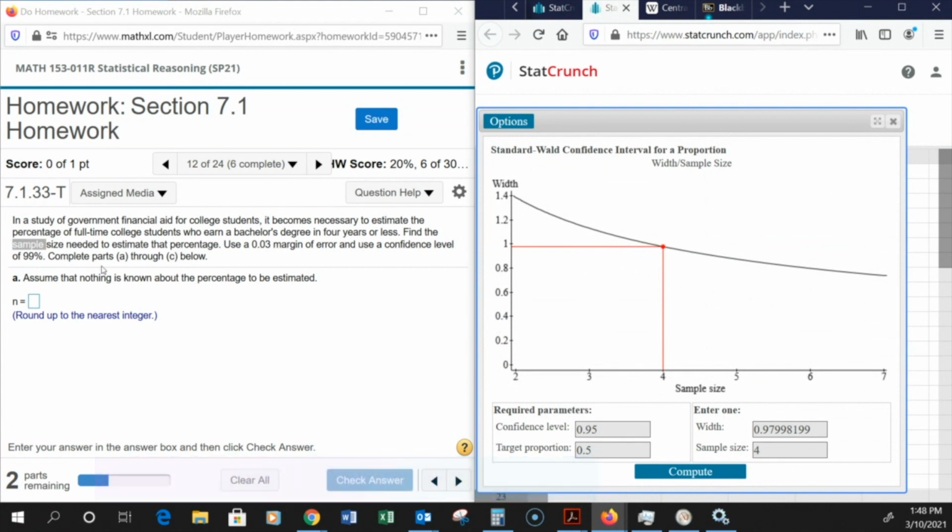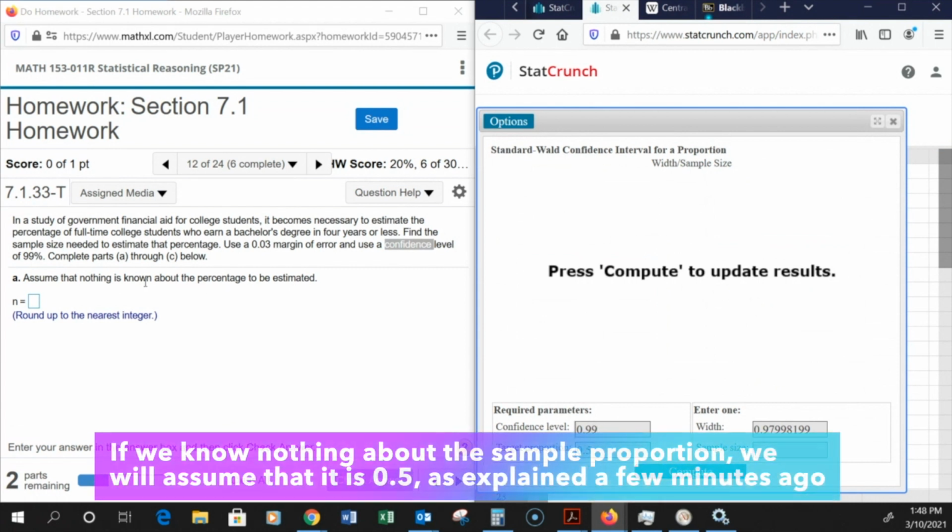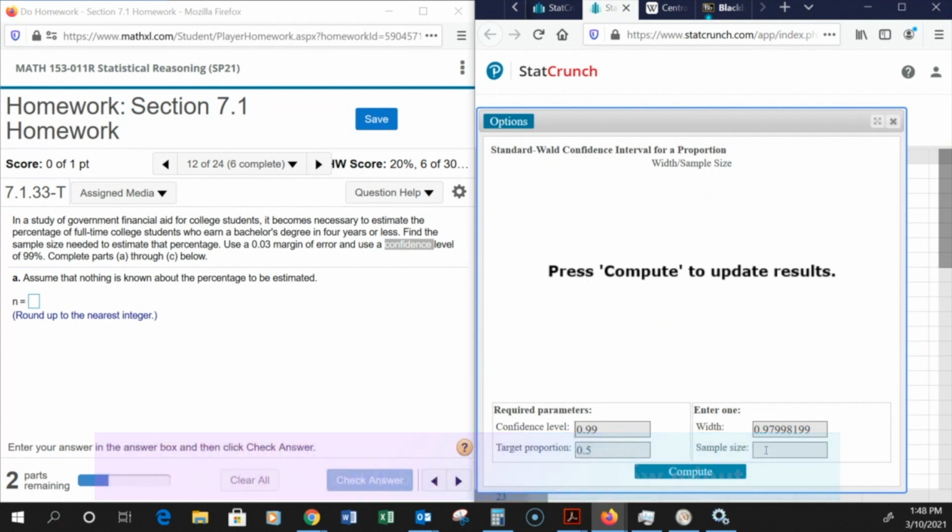There's one tricky part. They told us to use a confidence level of 99%. So I put that in, 0.99. We also have to know the target proportion. This is the p hat. I know nothing about p hat. So what do I assume it is? Well, it's probably 50-50. So that's why this 0.5 is here. Now comes the tricky part. We need to put the width in. And the width, if you look at this, you say it's 0.03.